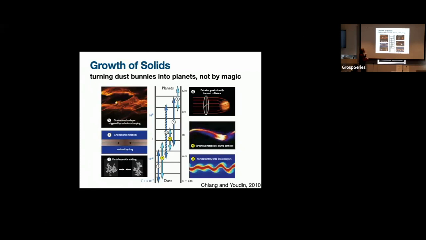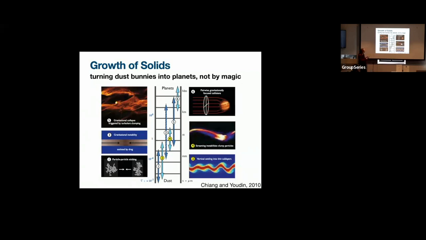You can get complex two-fluid streaming instabilities that can directly take centimeter to 10 centimeter size grains and directly create densities high enough to trigger gravitational collapse into objects that are tens or even hundreds of kilometers in size.